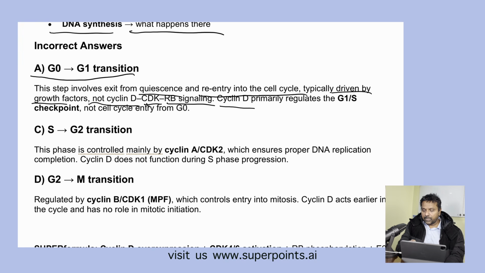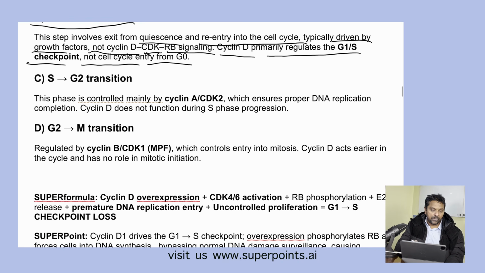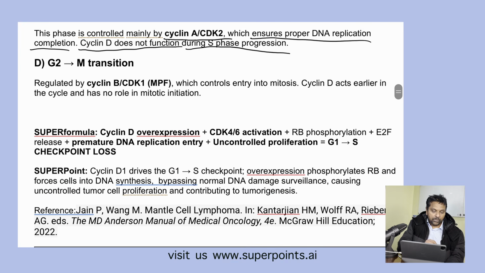Cyclin D primarily regulates the G1/S checkpoint, not cell cycle entry from G0. S to G2 transition is controlled mainly by cyclin A-CDK2, which ensures proper DNA replication completion. Cyclin D does not function during S phase progression. G2 to M transition is regulated by cyclin B, CDK1, which controls entry into mitosis.